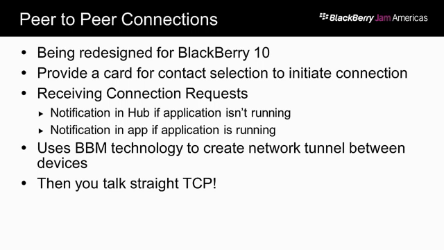It takes the difficult part of networking and firewall and NAT and all the complexities. Am I on the same Wi-Fi network? Am I connecting over cellular? We're going to abstract that from you, the developer, give you that easy network connection, and then it's up to you to just send that data back and forth. A great way to make use of it is for multiplayer games or any kind of application that needs to share data that way.